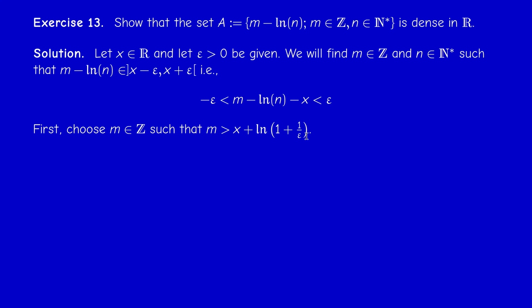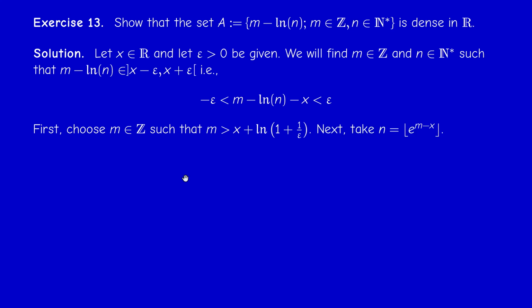Why did I take ln of (1 plus 1 over epsilon), not something else? This is the tricky part, actually. And we know that such m exists by the Archimedean property of R, and I can take m to be a non-negative integer, so I can take m in N. So this is my first choice of m.